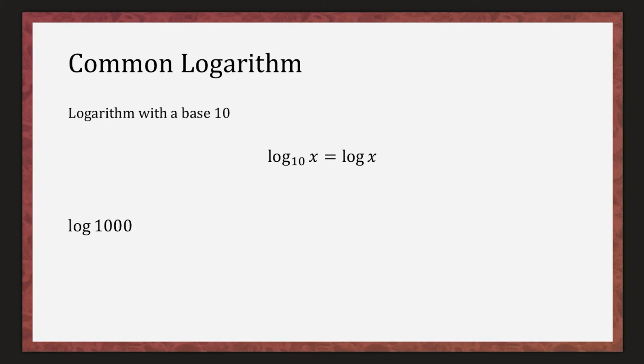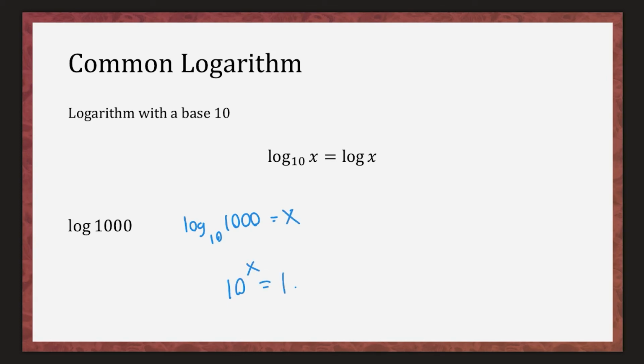So if you ever see log base 10 of x, that could be rewritten as log of x. Or if you see something like log of 1,000, what they mean to say is log base 10 of 1,000. And we can actually figure that out. Our base is 10. Our exponent, we'll put an x there.